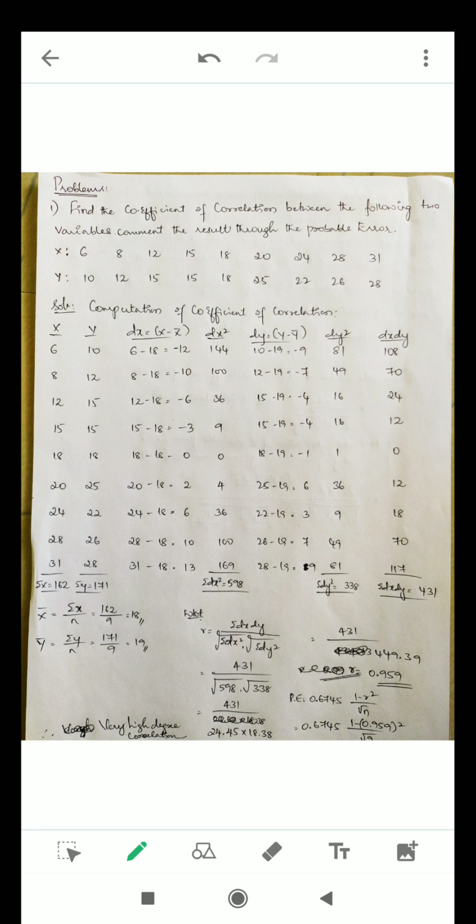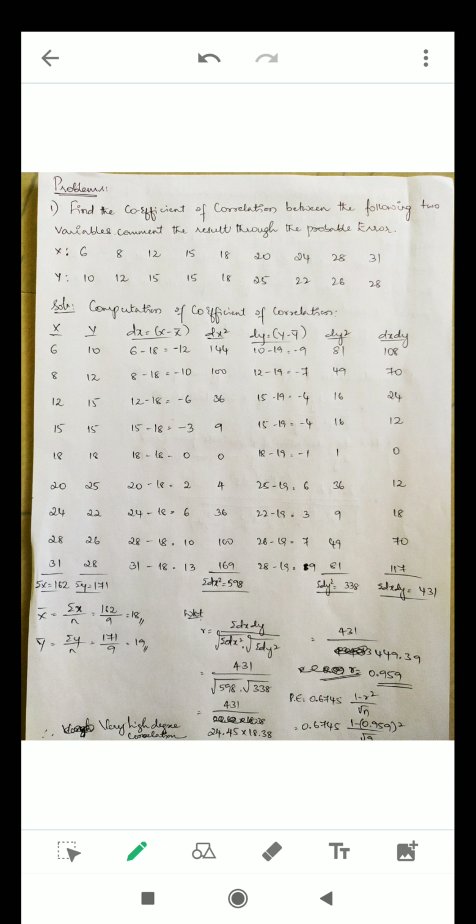Then 431 divided by 449.39. How did we get 449.39? It is the multiplication of 24.45 into 18.38. So finally the correlation value r is equal to 0.959.